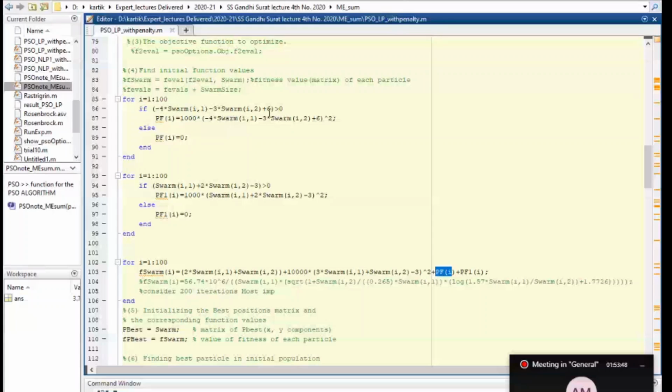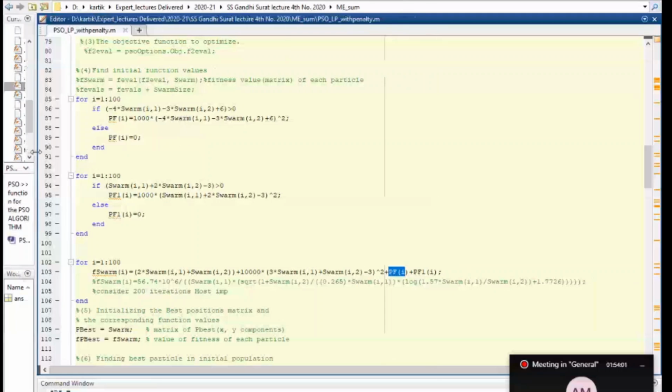If minus 4x1 minus 3x2 plus 6 is greater than 0, then penalty is 1000 into minus 4x1 minus 3x2 plus 6 whole square. Else, if there is no constraint violation, then penalty is 0. So using this, we are handling the inequality constraint.